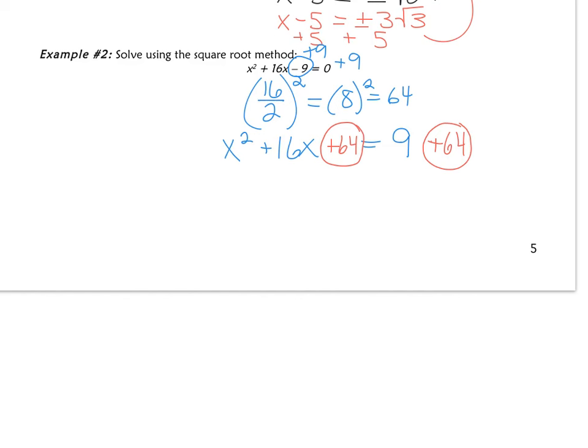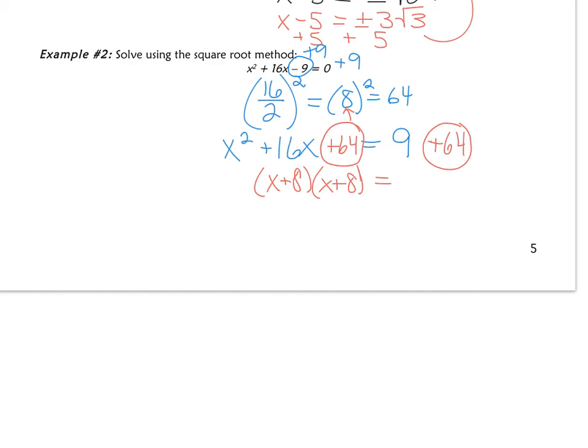Now I'm ready to factor the left side, so I'm looking for numbers that multiply to be 64 and at the same time add up to 16. They are 8 and 8, so x plus 8, x plus 8. Hopefully you're seeing a pattern too, that it's always this number. This b over 2 is the number that appears twice.